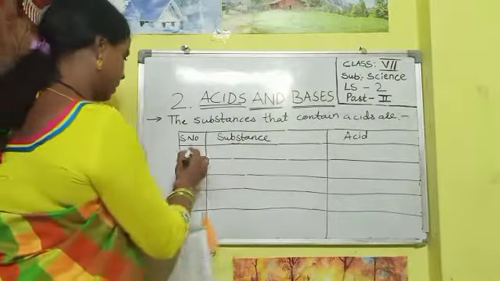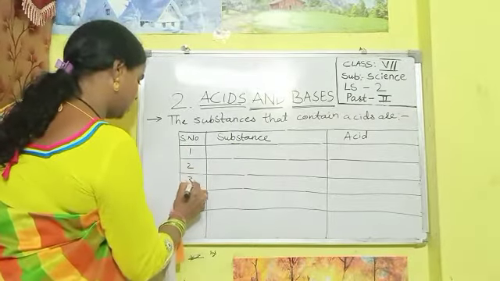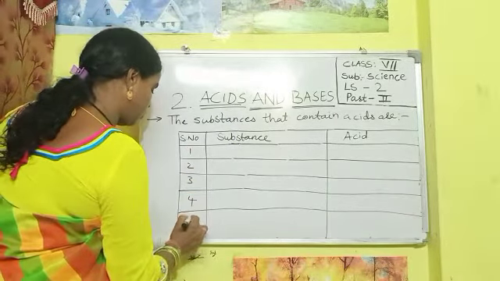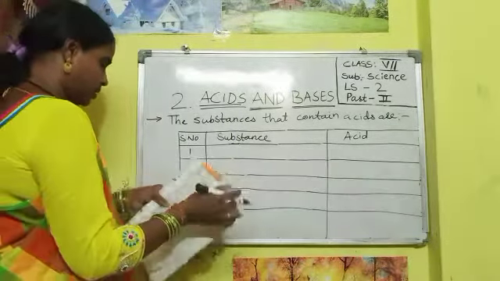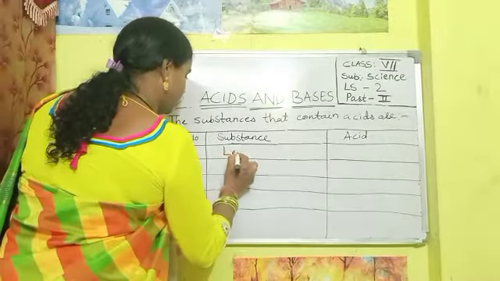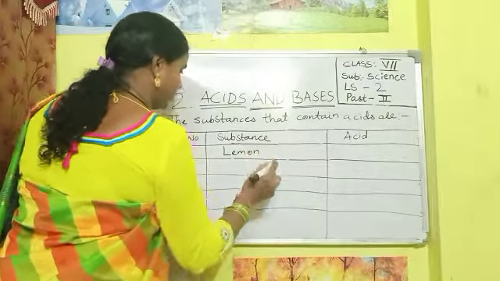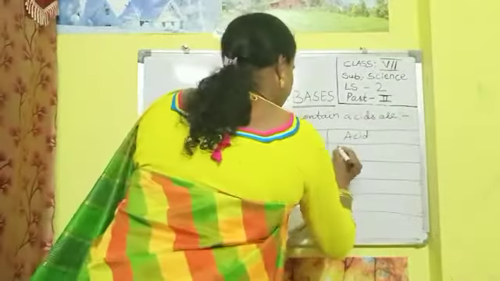Write, children, here 1, 2, 3, 4 and 5. The substance is lemon. Here write citric acid.